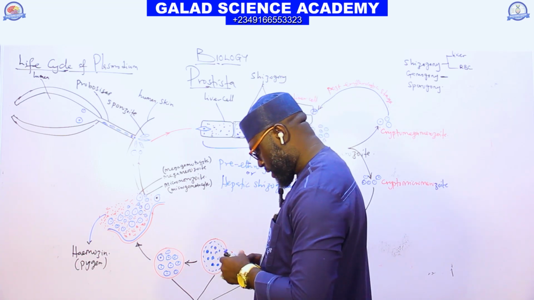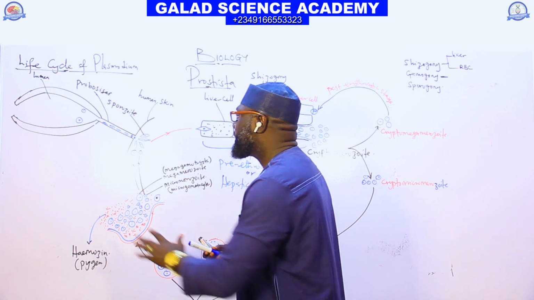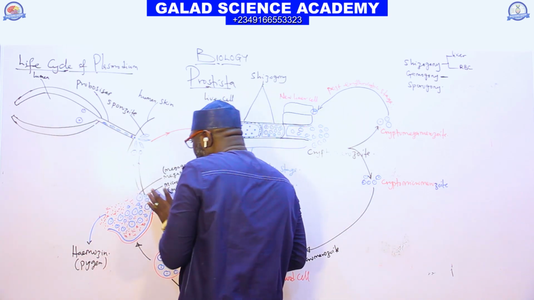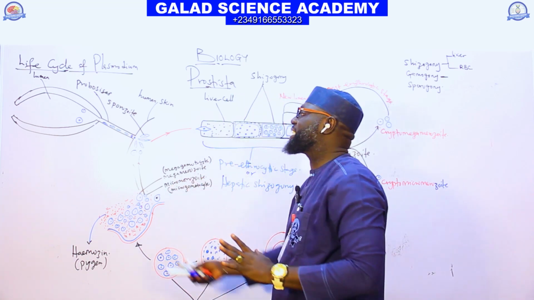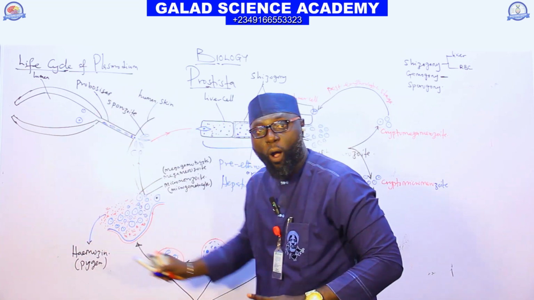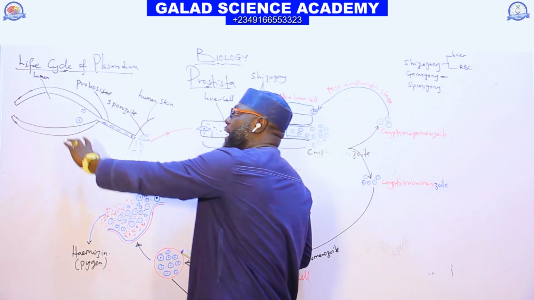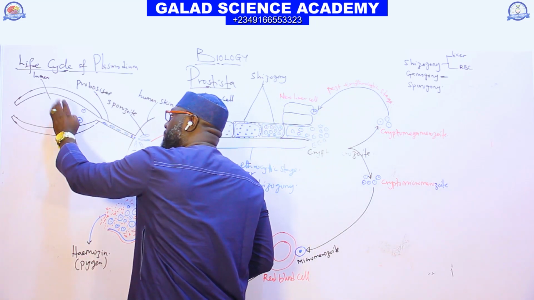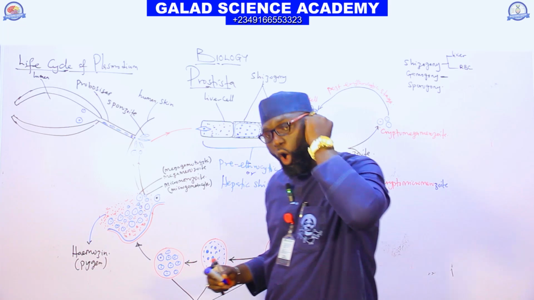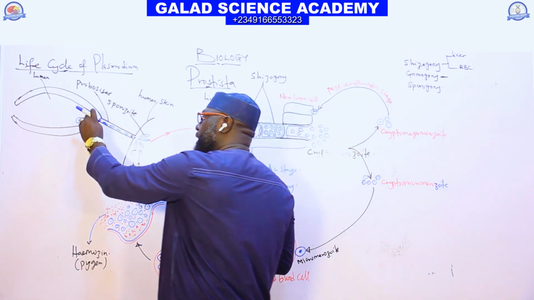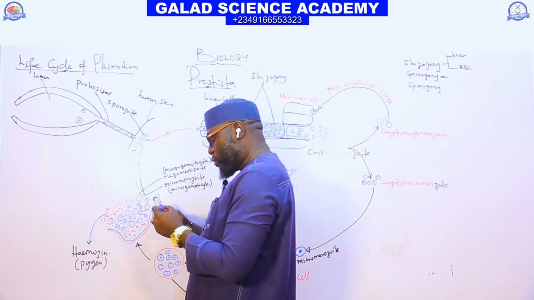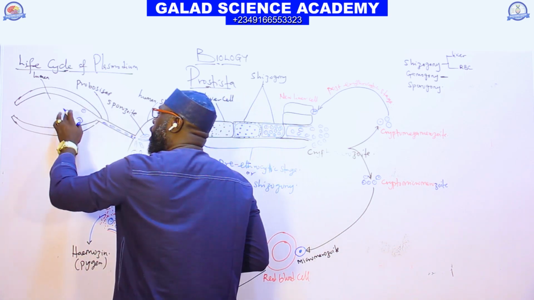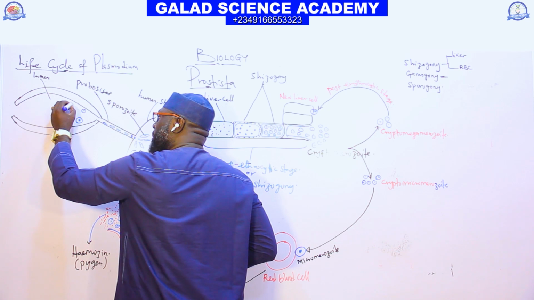So at this point now, when the microgametocyte and the megagametocyte get into the mosquito wall, the gametogenesis will now occur. This microgametocyte will germinate to form a male gamete.